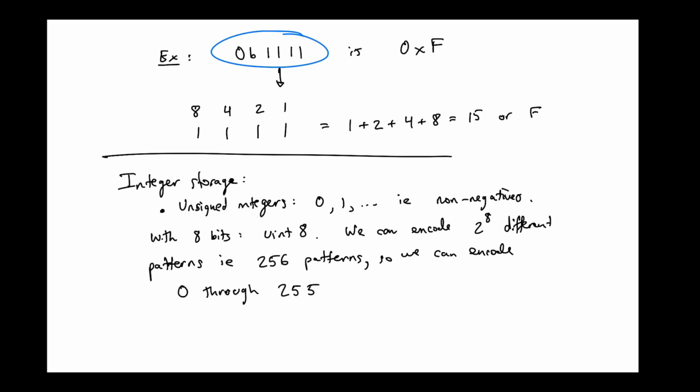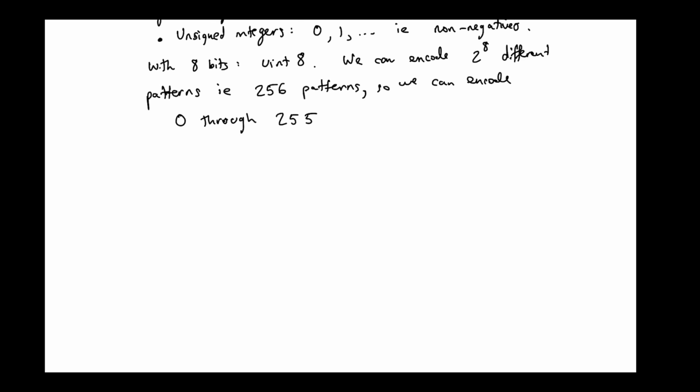So, for example, let's just make up a bit pattern. Ethan, give me a bit pattern, 8 bits. Just make something up. Okay, thank you. So let's say that we have this in binary, and just so we're clear, what is that in hex?